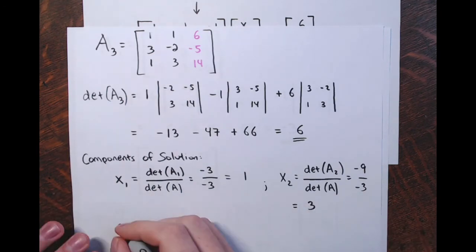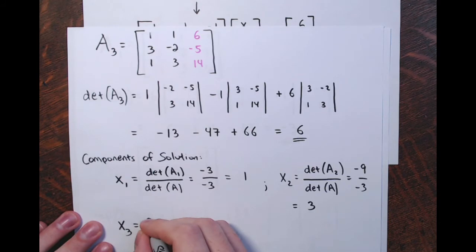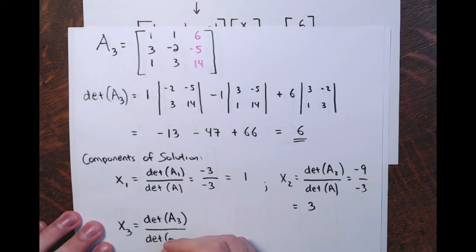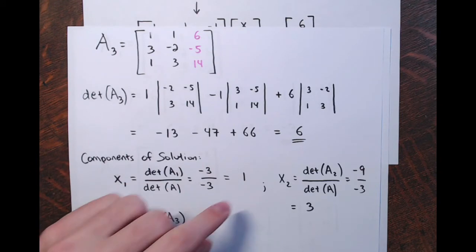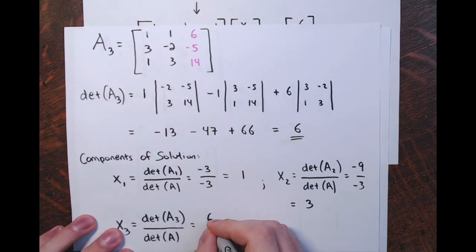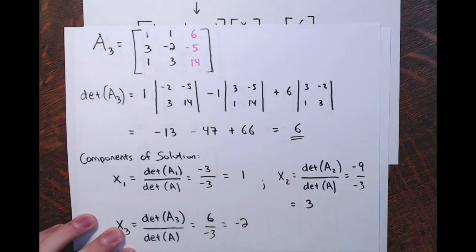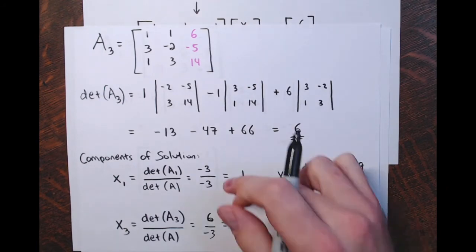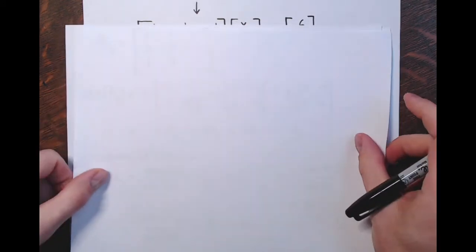All right, and then finally x3 is the determinant of A3 divided by the determinant of A. All right, the determinant of A3 we just saw was +6 divided by -3 again. This is -2. All right, so the solution of this system is 1, 3, -2.